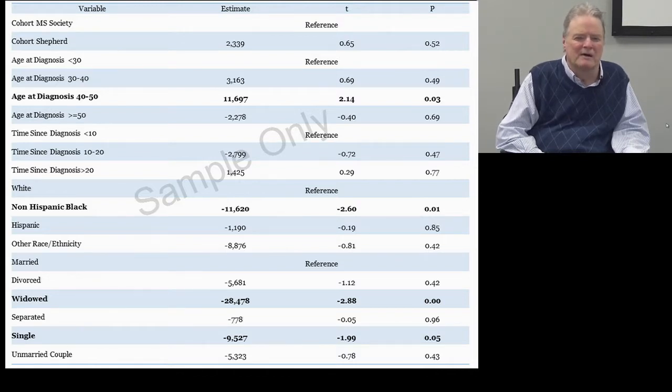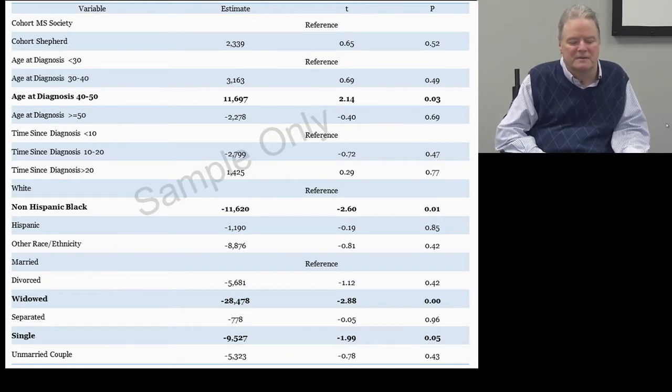So you can have an effect where a variable affects the likelihood of employment, and within this you can look at the non-Hispanic blacks or African Americans having $11,000 plus of a deficit in earnings. Again, please don't take the absolute value, but making significantly less money even if they are employed.